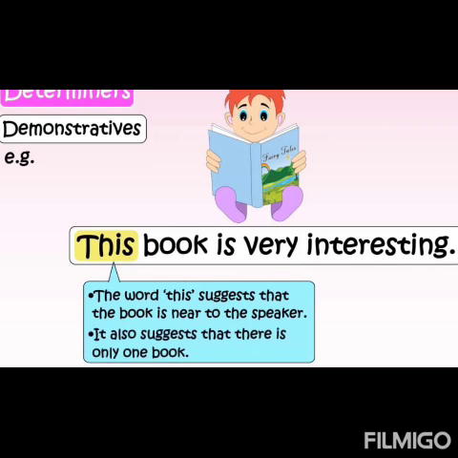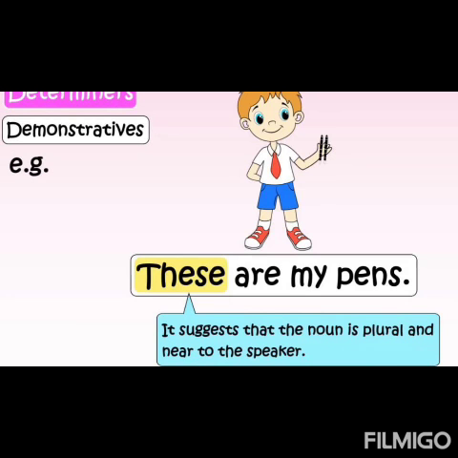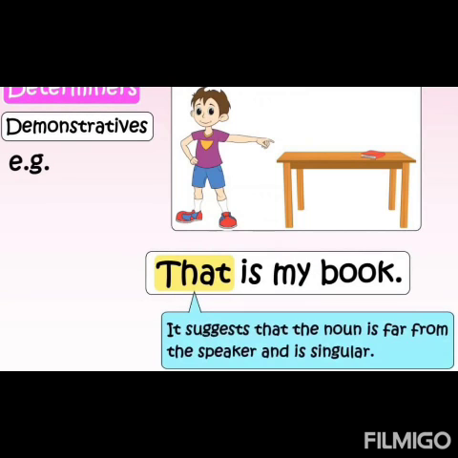The word this suggests that the book is near to the speaker, and it also suggests that there is only one book. These are my pens. These is a demonstrative determiner, and it suggests that the noun is plural and near to the speaker.